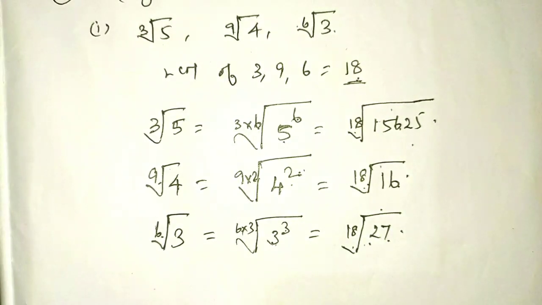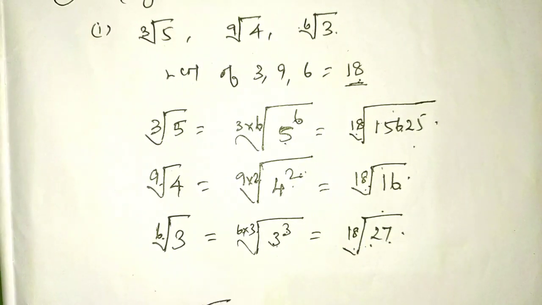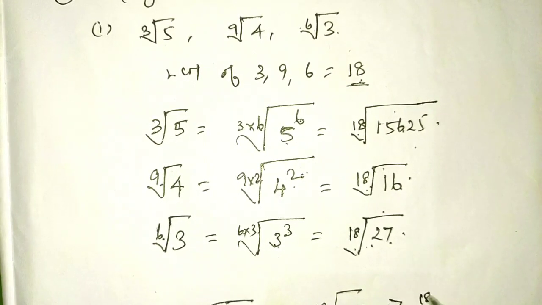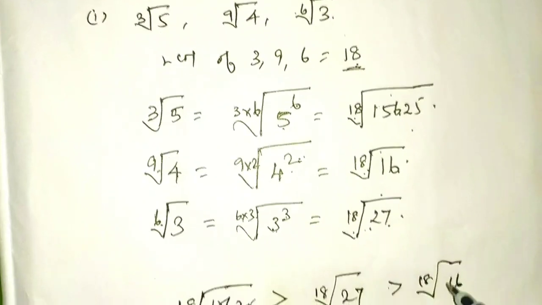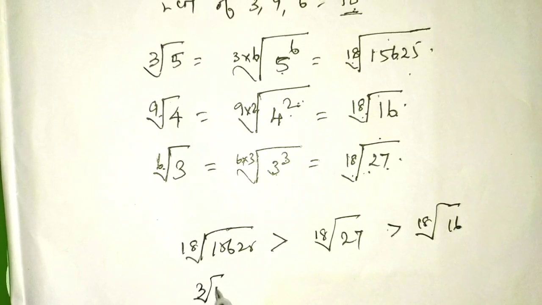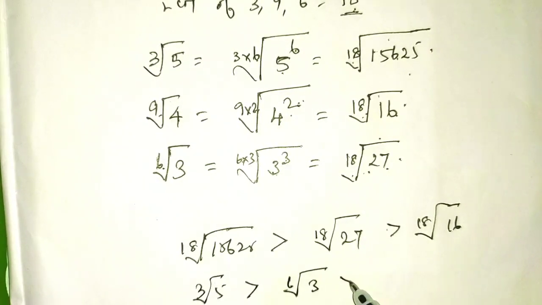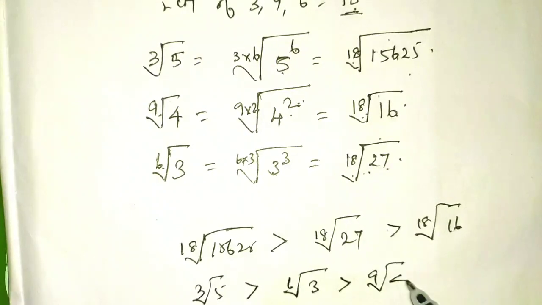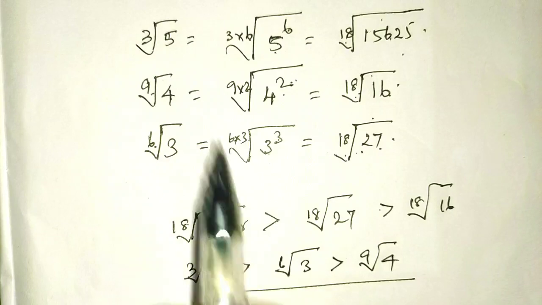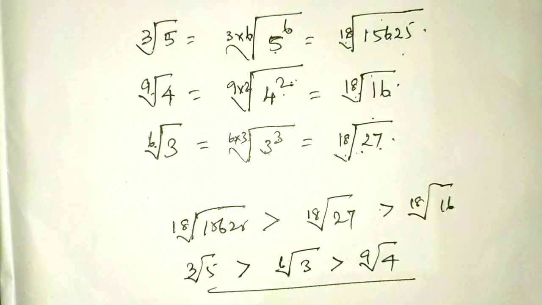So you can write 18th root of 15625 is greater than 18th root of 27, which is greater than 18th root of 16. So from this I have to write the answer. Cube root of 5 is greater than 6th root of 3 is greater than 9th root of 4. So this is the descending order of the given set.